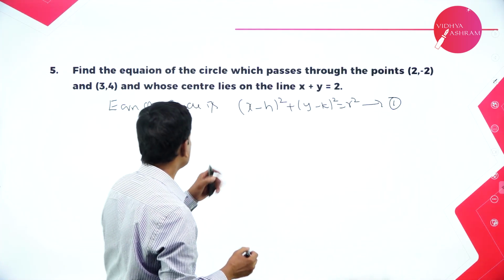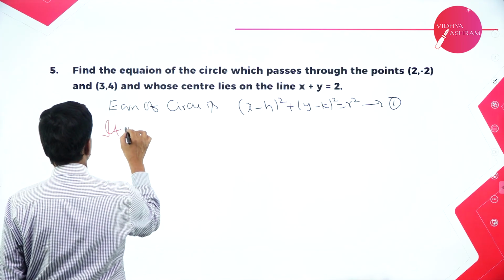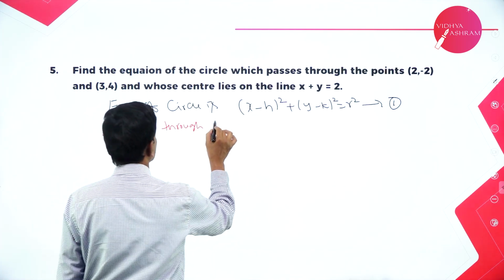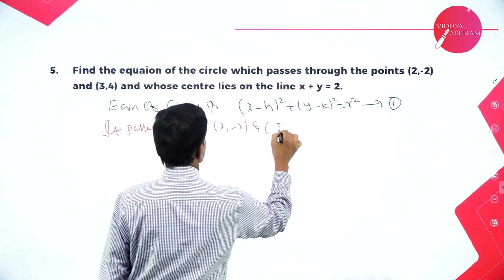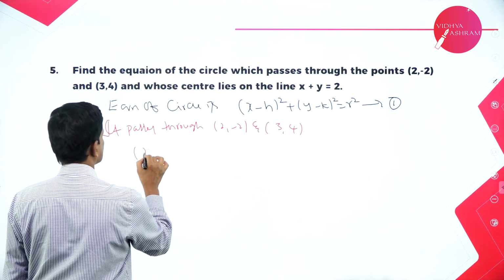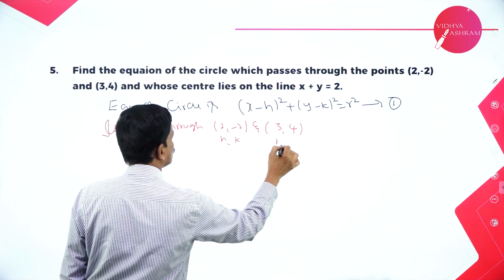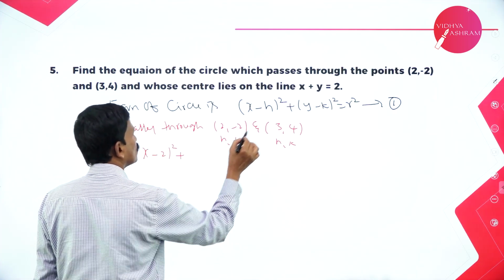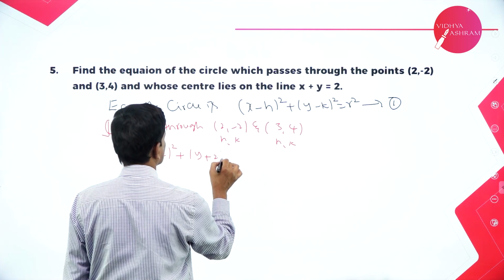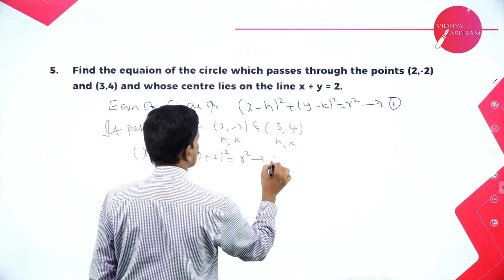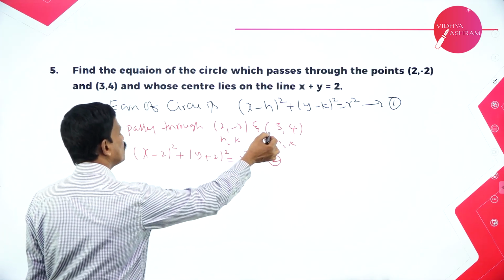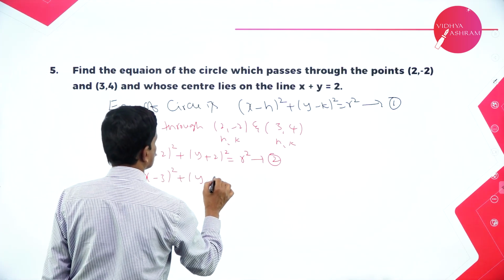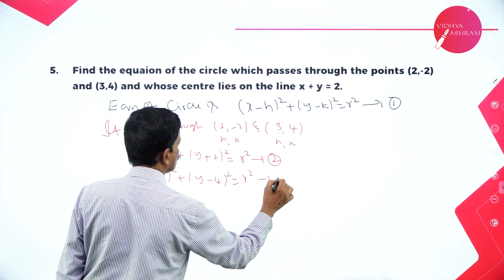Since it passes through the points (2, minus 2) and (3, 4), we get (x minus 2) whole square plus (y plus 2) whole square is equal to r square, equation number 2. Similarly, for the point (3, 4), the equation becomes (x minus 3) whole square plus (y minus 4) whole square is equal to r square, equation number 3.